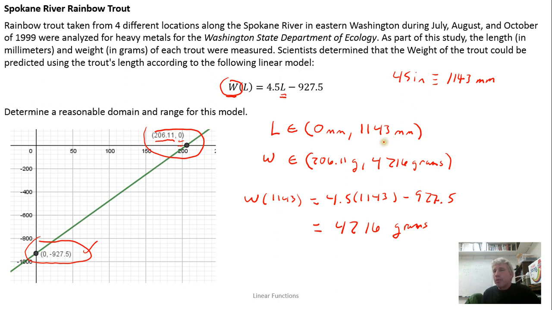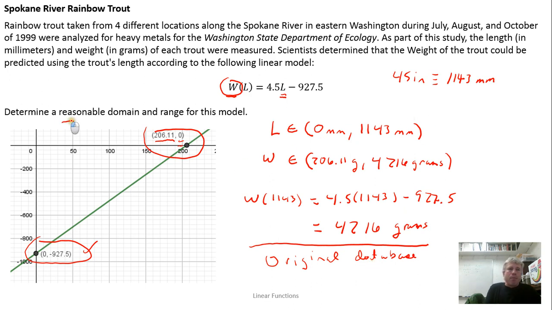The model probably realistically isn't good over this range of lengths, and a better way to get a domain and range for this particular model would be to go and find the original data set that was used to generate the model, and look at the smallest length and the longest length in that data set, and the largest and smallest weights in that data set, and kind of pin things in using the data set itself. But I don't have access to that data set, so again, I'm coming up with a reasonable domain and range, something that I can defend.